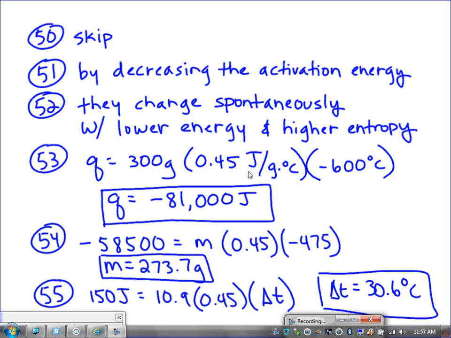It was actually given to you in question number 53. So it's 0.45. That value will be given to you on the final exam. That's the specific heat of iron for both of these. Number 55, again, Q equals mass times specific heat times delta T, and that is our value when we solve for delta T.